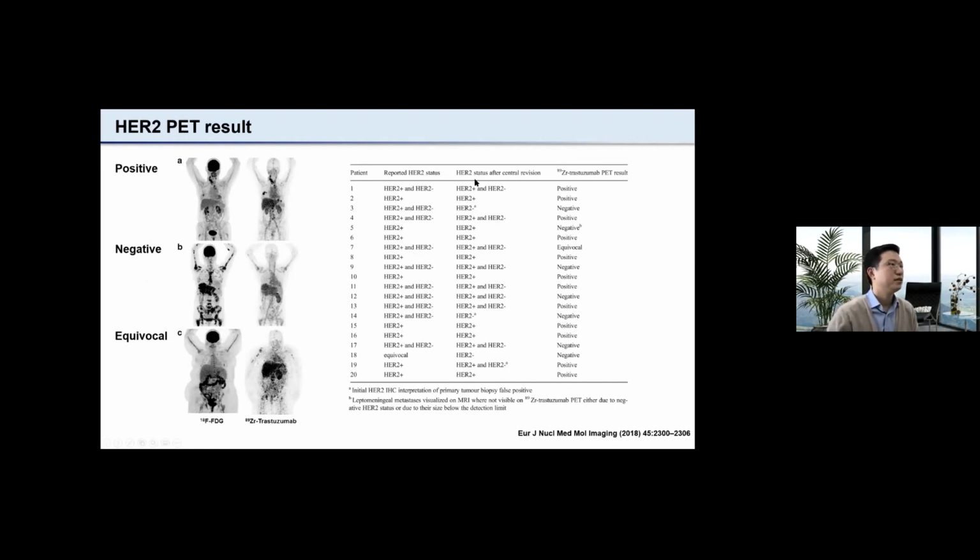And based on the HER2 PET result, it was not clearly divided into positive or negative PET scan, and only one was equivocal.